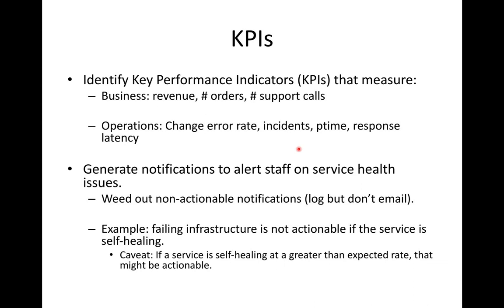So the key is that if you're going to surface events and if you're going to alert staff, you need to make sure that the alert is not only important, but it's actionable in some way. And we try to prevent alarms as much as possible. We try to build applications and infrastructure which is self-healing. We can leverage things like auto scaling groups so that if a node in our environment fails, AWS will automatically replace that node with a new EC2 instance.